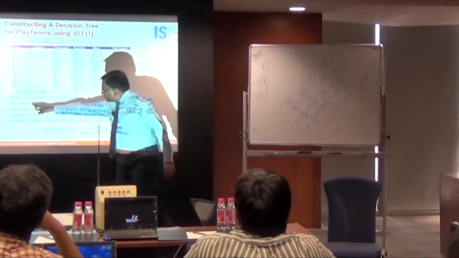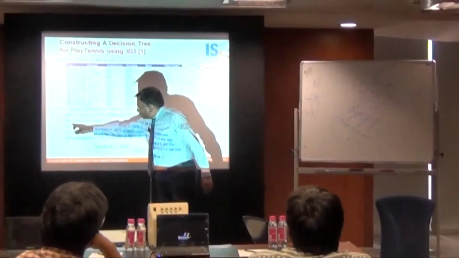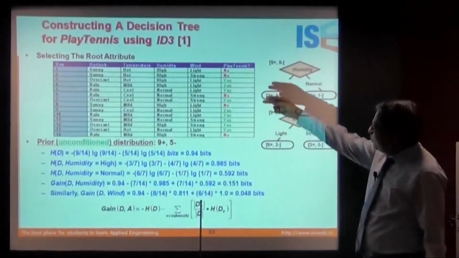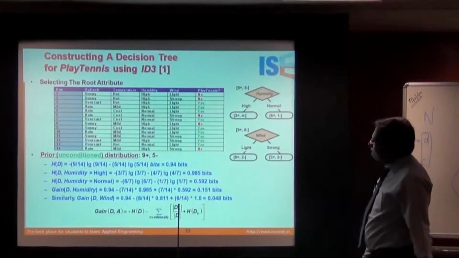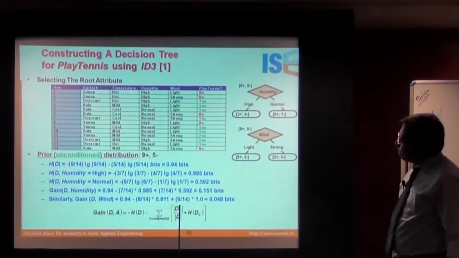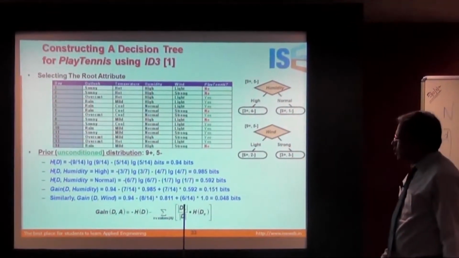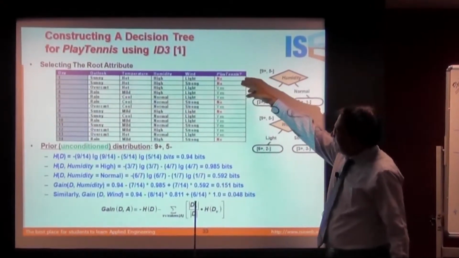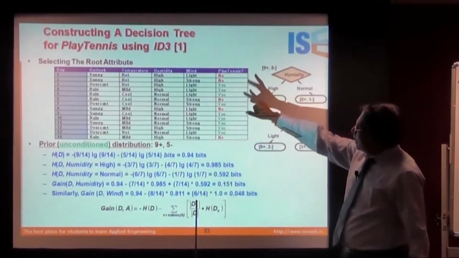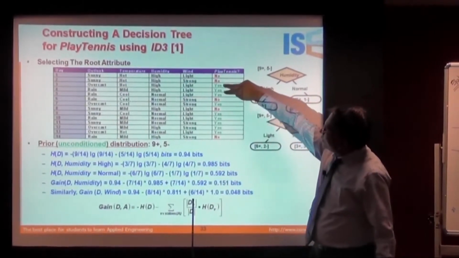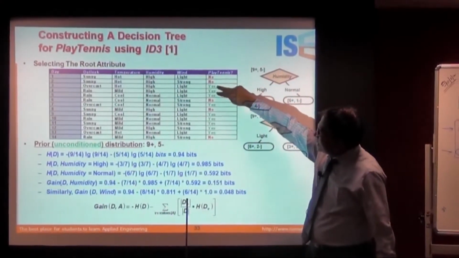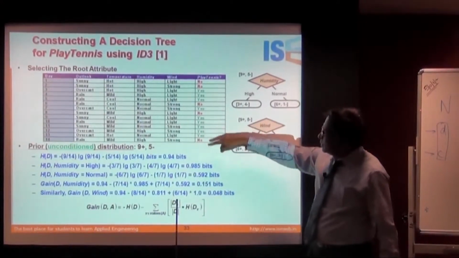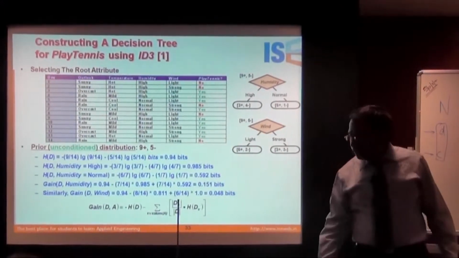So if you take the entropy of D where humidity is high, how many of them have humidity high? 7. So out of the 7, how many are yeses and how many are no's? That happens to be 3 and 4. 3 yeses and 4 no's.